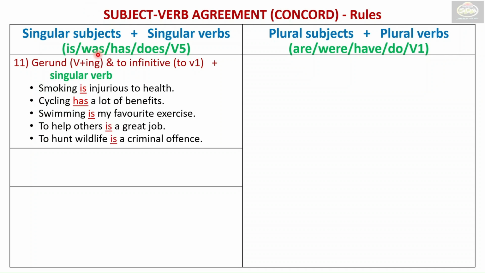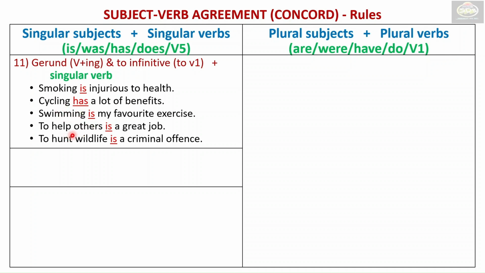Another: gerund, or verb-ing used as a noun, and to-infinitive. If these structures come as subject, they are regarded as singular subjects and we have to use a singular verb with them. For example, smoking is injurious to health. Smoking is. Cycling has. Swimming is.